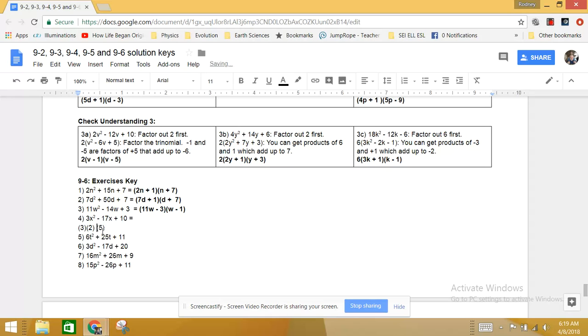If I do 3 times 2 plus 5, then I get 6 plus 5. And that doesn't help me because that's 11. If I do 2 times 5 plus 3, that gets me 10 plus 3, which is 13.